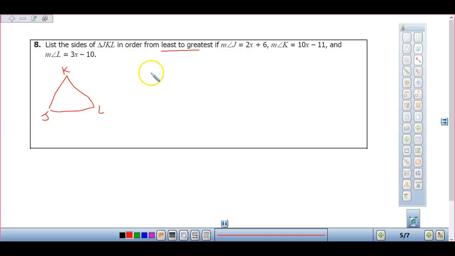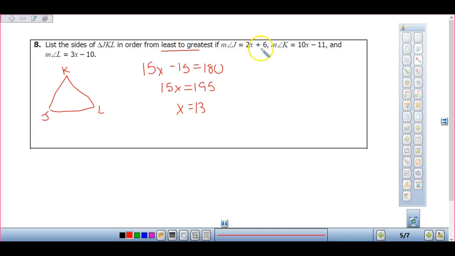If I add up all my angles, 2x plus 10x plus 3, we get 15x, minus 15 is going to equal 180. So 15x is going to equal 195. And x is going to give us 13.